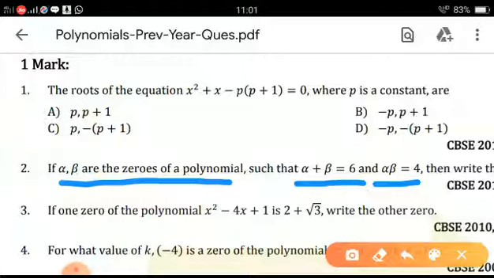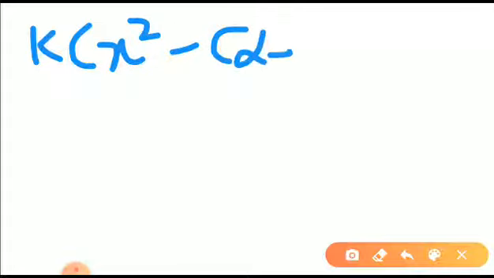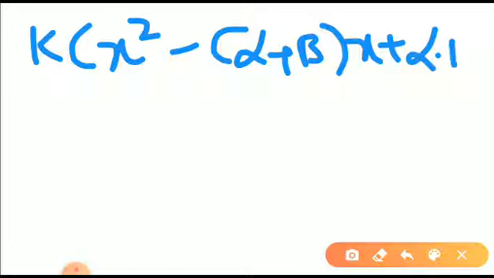4. Okay, we know that a polynomial whose sum and product are given is k into (x square minus (alpha plus beta) into x plus alpha into beta). Now since here it is a 1 marker question, directly I am taking k equal to 1.